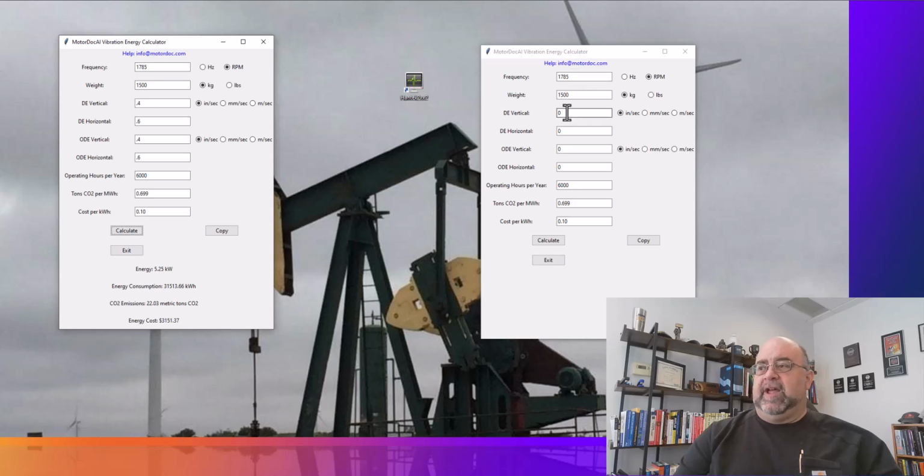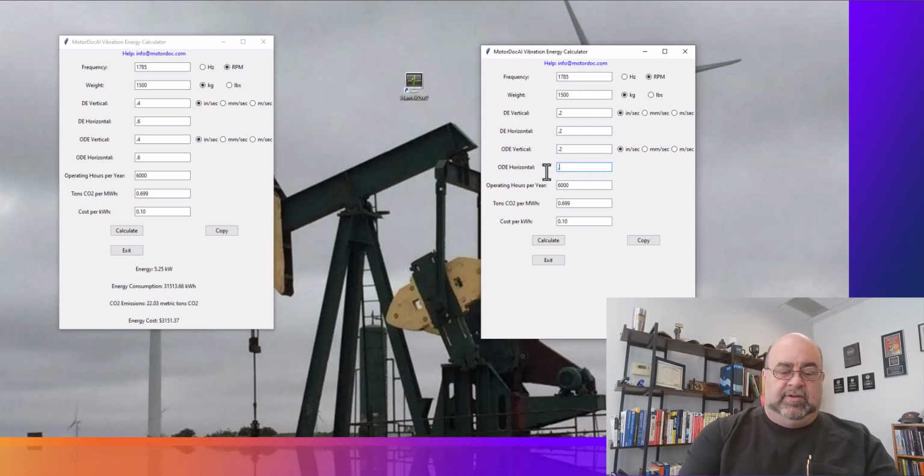So let's take this now and we say, okay, what we're going to do is bring it into balance, just into 0.2 inches per second, 0.2, and 0.2. Or you know what?